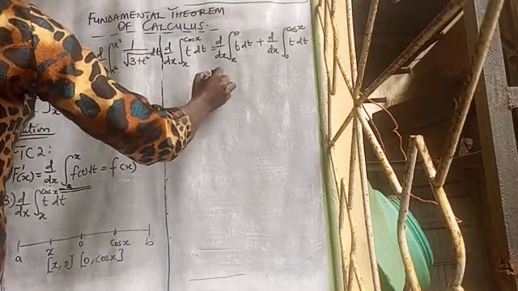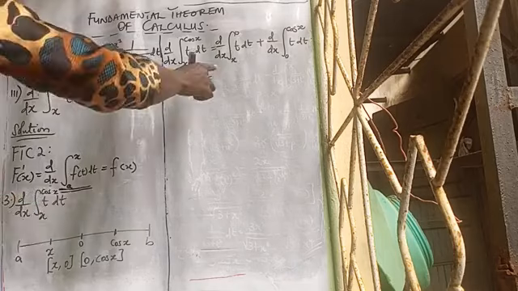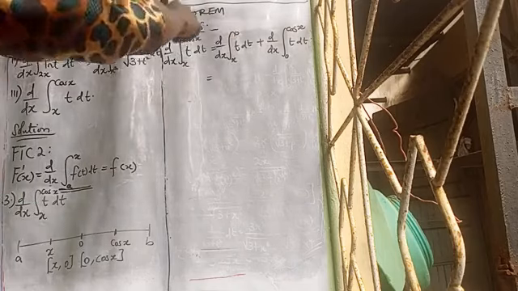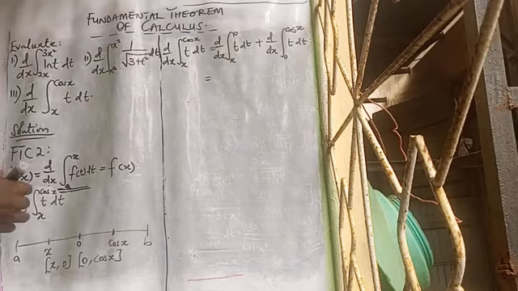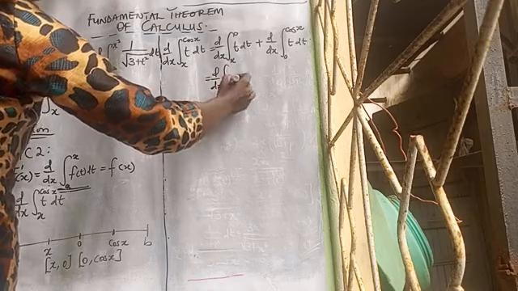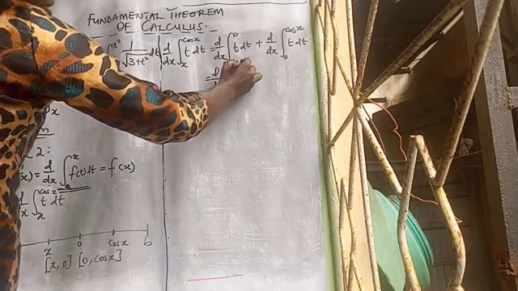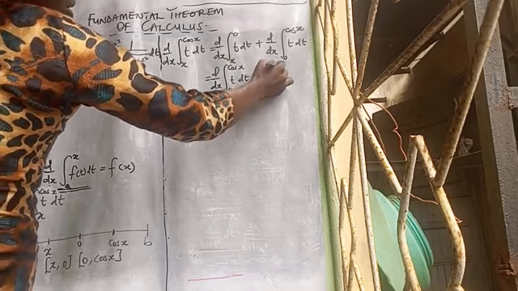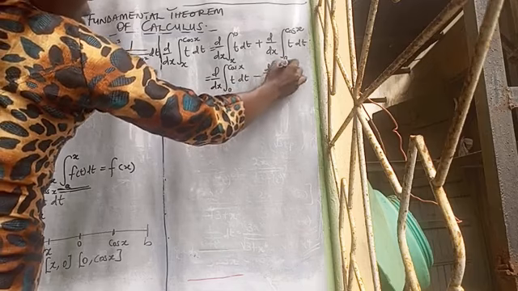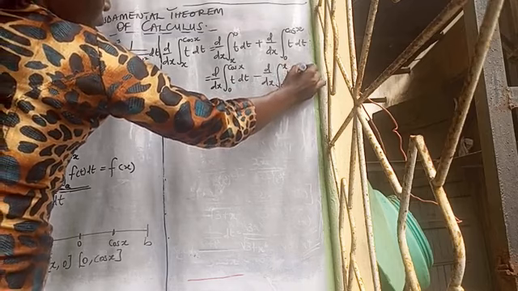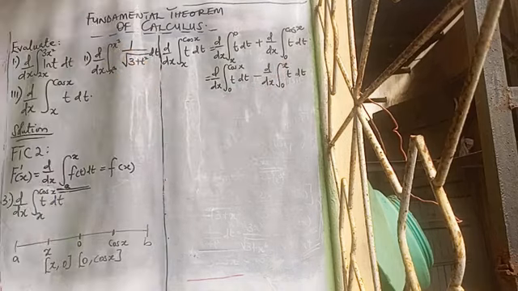And so, remember that I said this will become negative so that I can have a flip of that interval. And so I have d dx of the integral from 0 to cos x of t dt minus d dx of the integral from 0 to x of t dt.